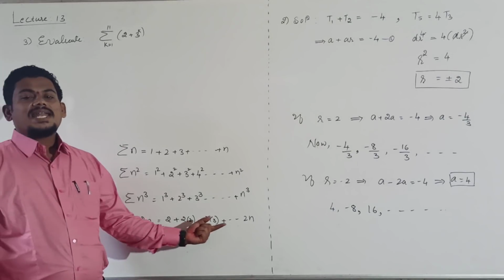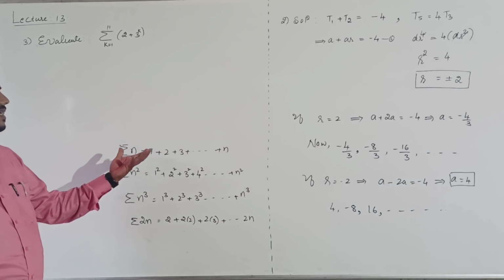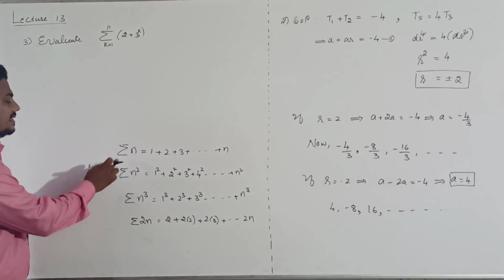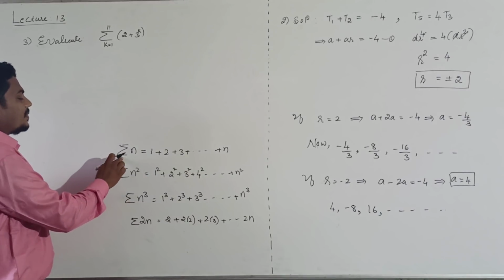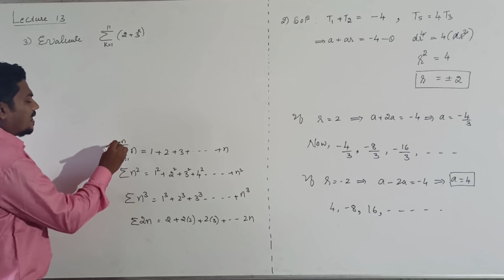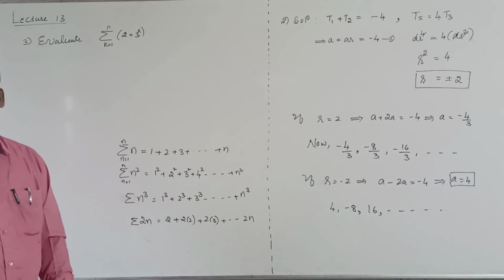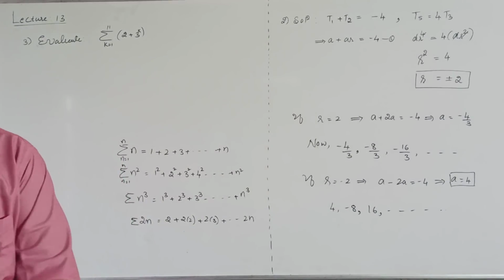Sum of even natural numbers is summation of 2n. Here nothing is mentioned, which means it is ranging from 1 to n, or else you can write n equal to 1 to n.